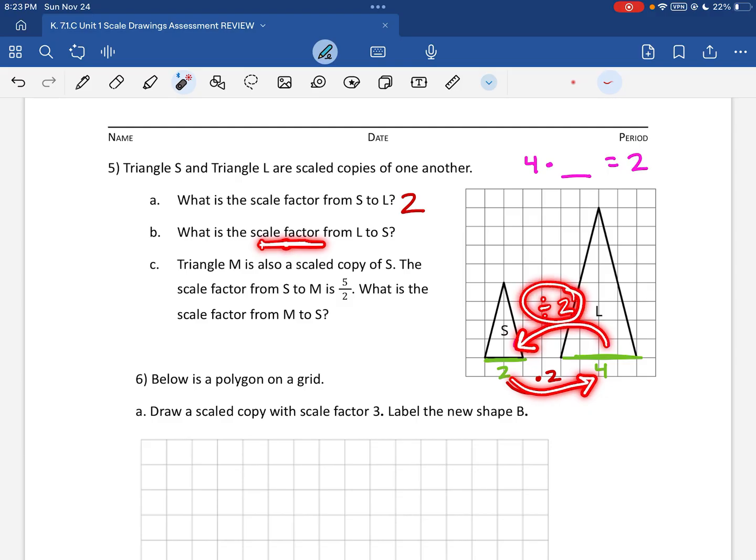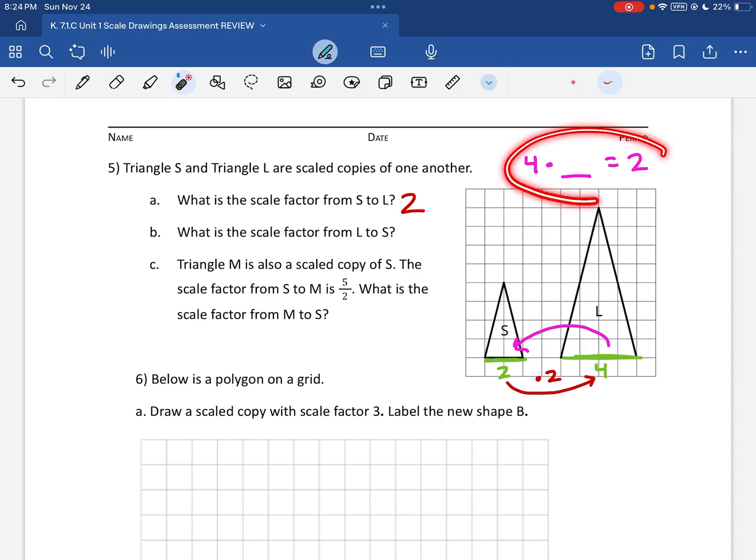So dividing by 2 doesn't answer the question what we multiply by. That's why rewriting it like this is going to be really helpful. And again, remember, if you don't know what this is, rewrite it as a related division problem. We can write this as 2 divided by 4 is equal to that same blank. And now we can type that into our calculator. 2 divided by 4 is equal to 1/2 or the decimal 0.5.